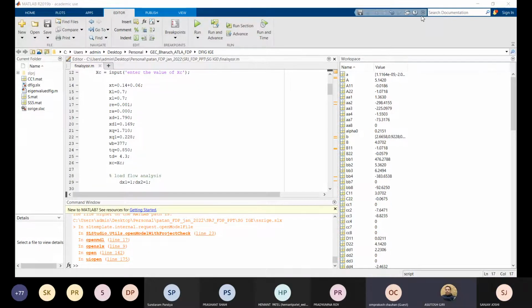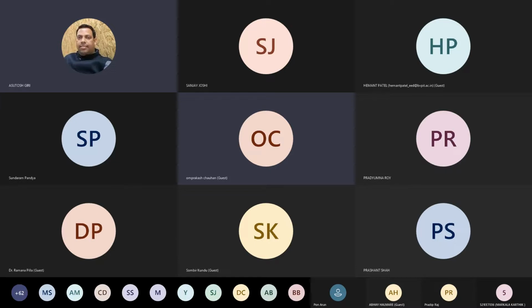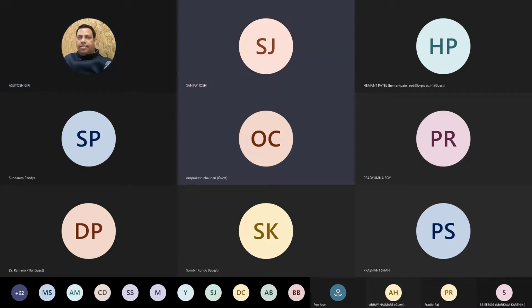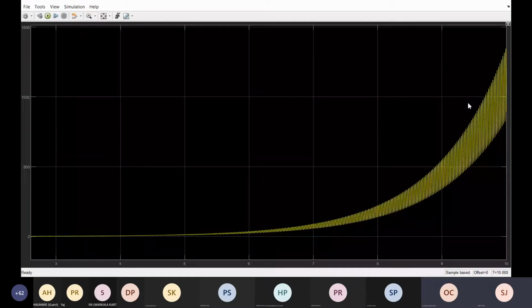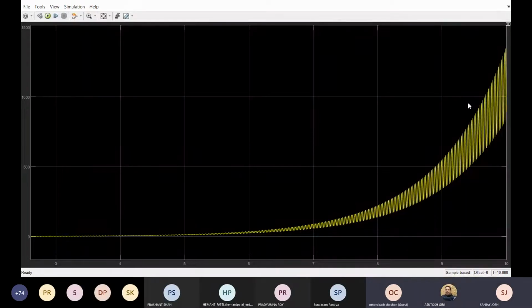No sir, only your M file is visible here, the simulation is not visible. You close this window and open that again. Is it clear now? Yes, now it's coming. Nicely. If you remember, the case run last corresponded to unstable modes, right?